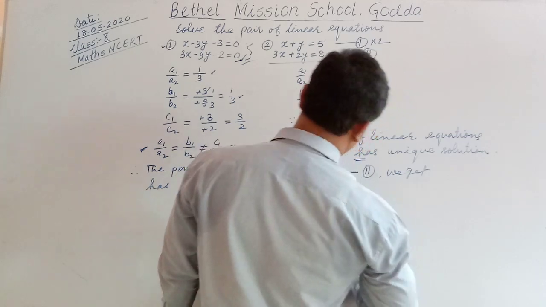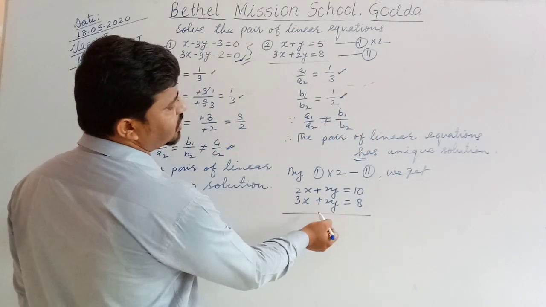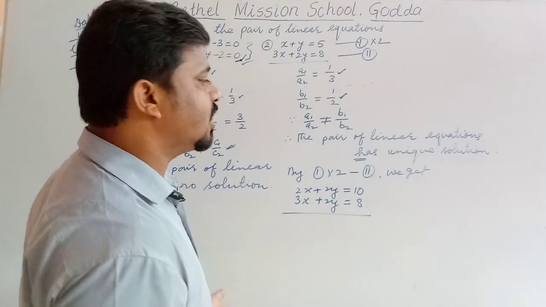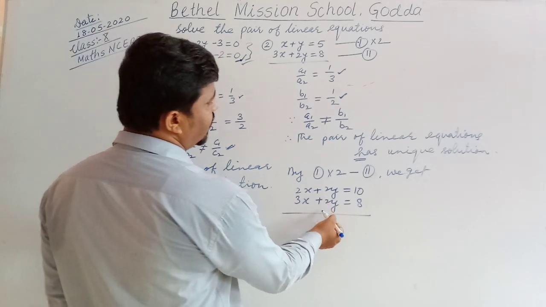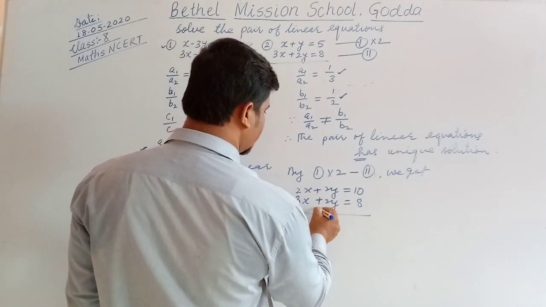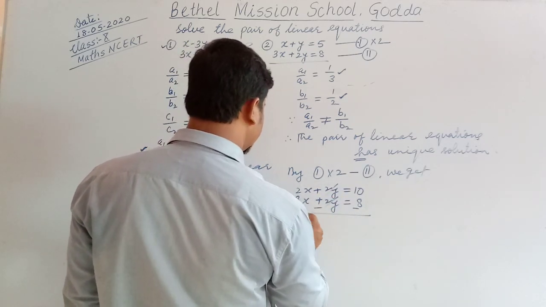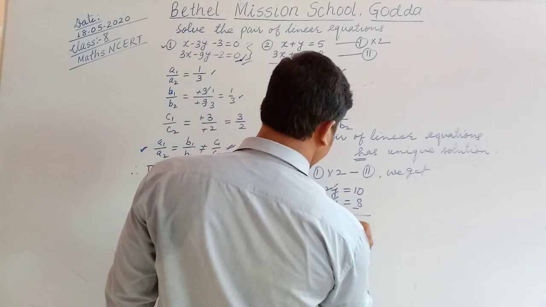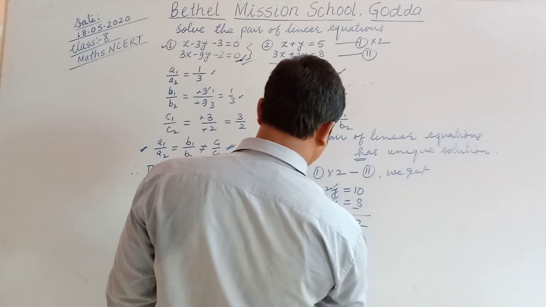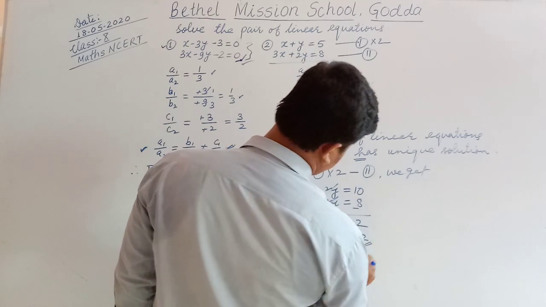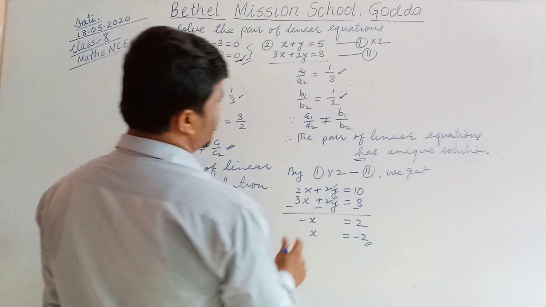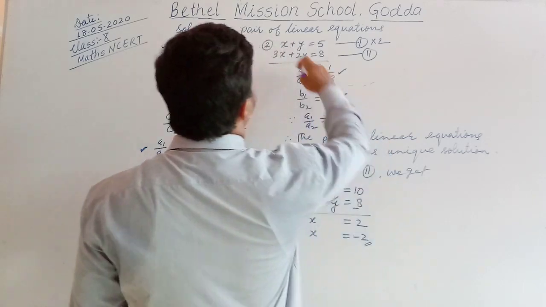Now we will subtract, because both have the same sign. If there are same signs, you need to subtract. If there are different signs, you will add. So we subtract, and the signs will change. 2y minus 2y is gone. Minus x equal to 2. Therefore x equal to minus 2. We got the value of x. Now we put this value of x in any equation.